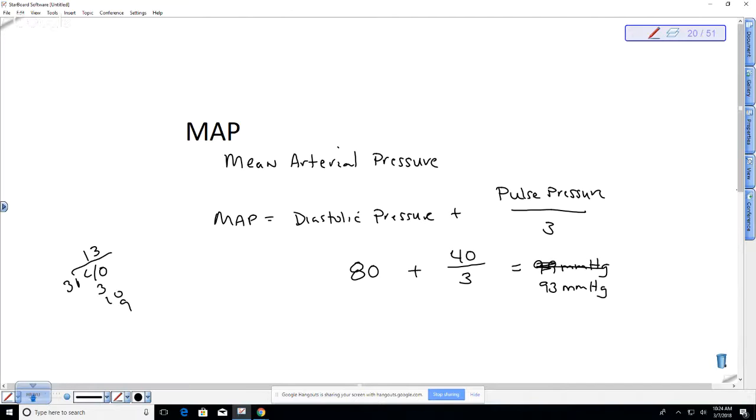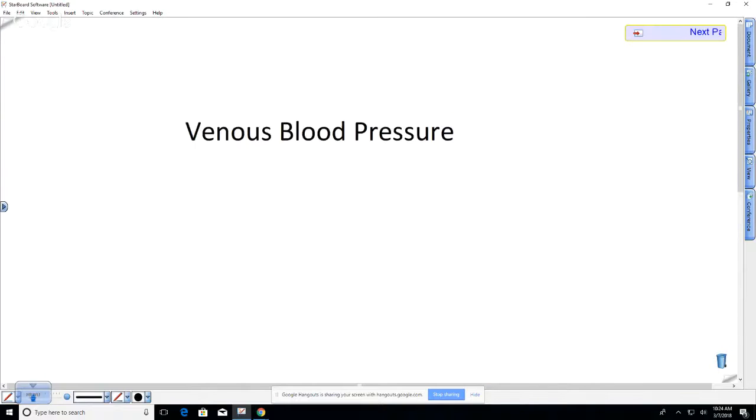Okay, so now if we compare this to the venous blood pressure, remember that there is no systolic or diastolic pressure in terms of venous, right? So the pressure is constant. The pressure is low. So you could say maybe 15 millimeters of mercury.